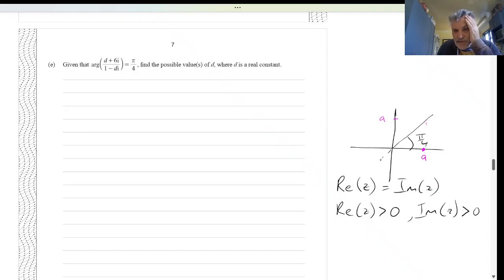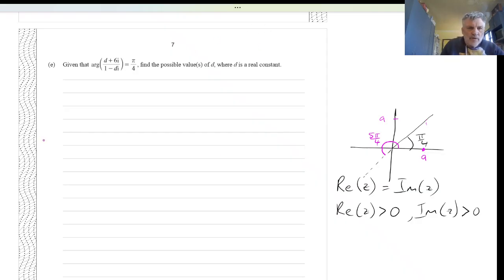Now, there is a continuation of the diagonal line down here, but the points down here have an argument of 5 pi over 4. So we want to be on this positive portion of this diagonal line, y equals x, basically.